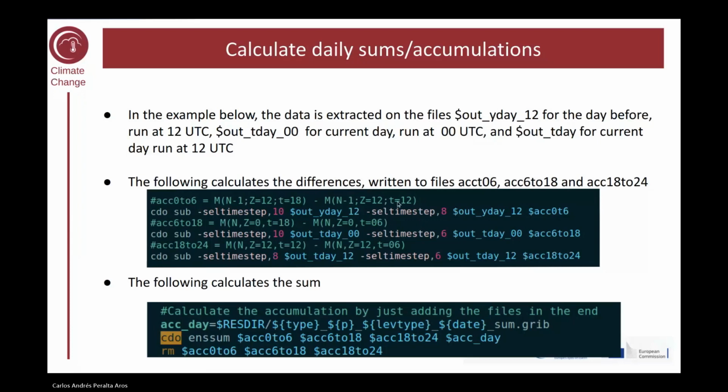The first difference is based on the two files at the day before and on the day, and you dump it in this file. And same for the second difference, and then for the third. And then finally, you can just add all together, again using CDO and some operator on the three previous output files, and then you get it in one file.